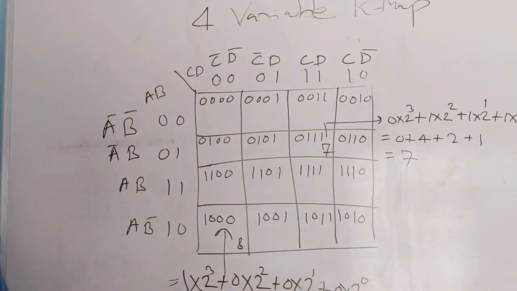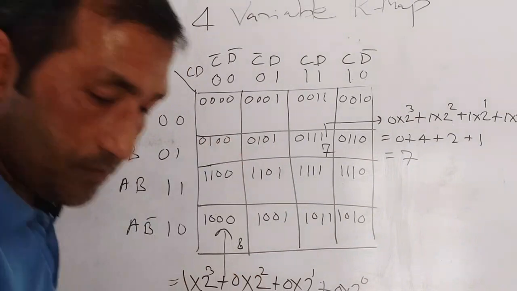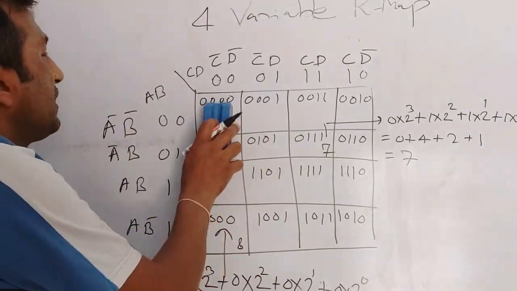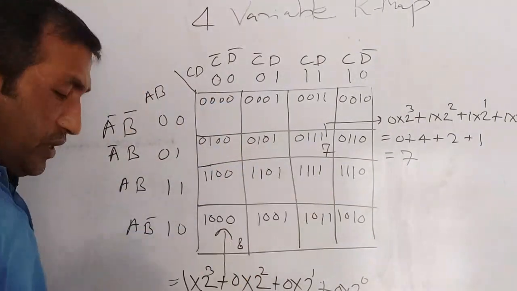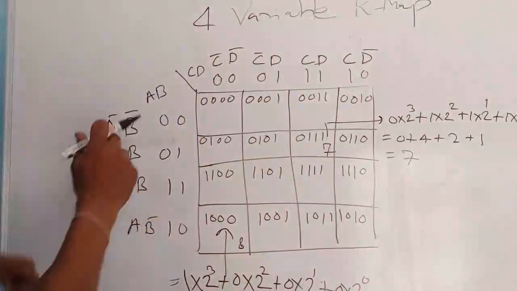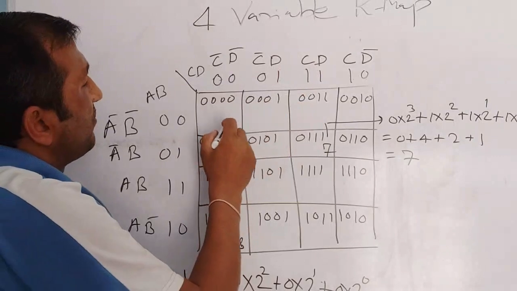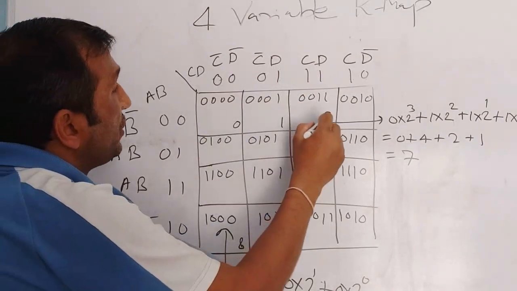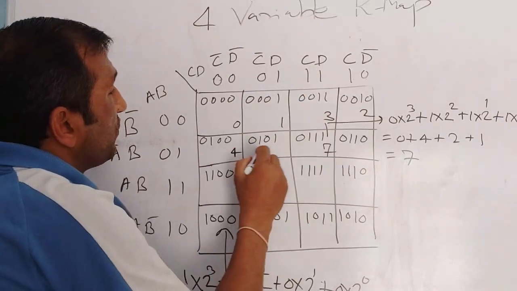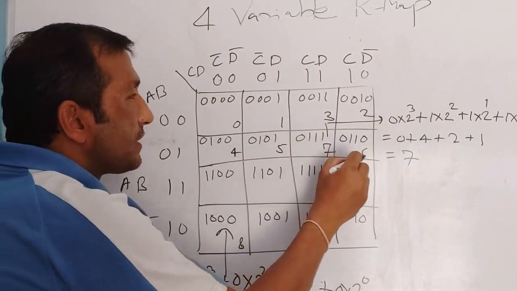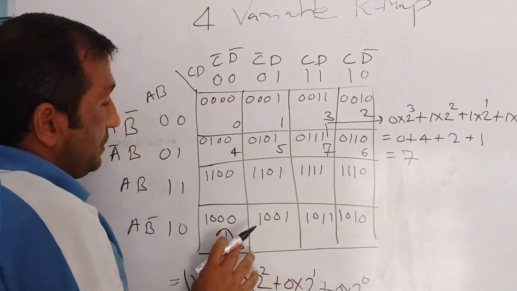Okay, have a look at this. Rather than doing it in this detail, you can remember it. The first two rows will be exactly what we had in 3 variables: 0, 1, 3, 2, 4, 5, 7, 6. Now this is important.